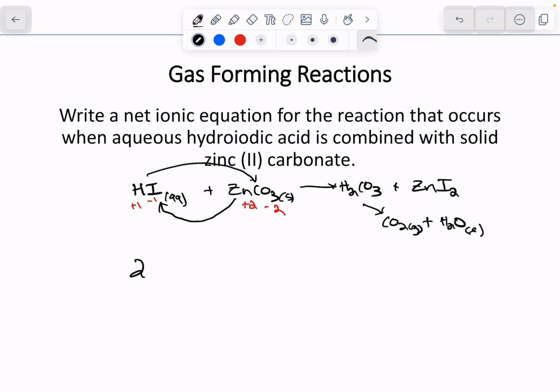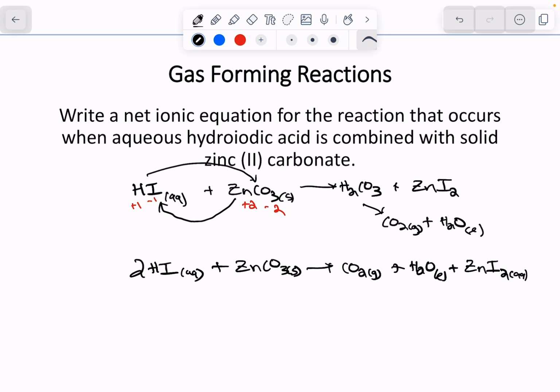So this is going to be 2HI aqueous plus ZnCO3 solid going into CO2 gas plus H2O liquid plus ZnI2 aqueous. If you take a look, you'll see that iodine salts are soluble. So now that's the overall, and now we're going to break this into the net ionic.